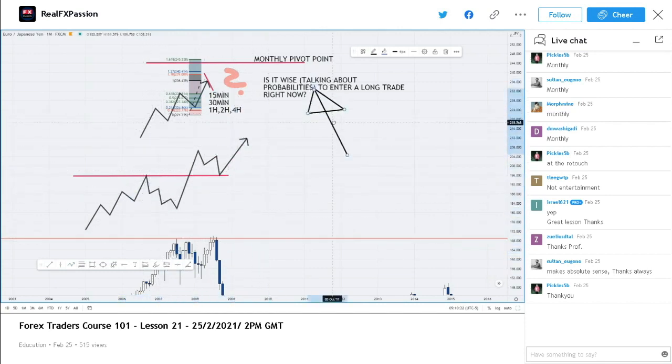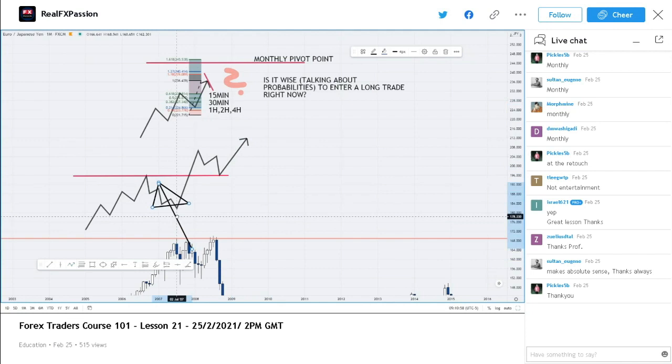Because remember, it's a monthly pivot point. Once the market hits the ceiling and reacts, most of the time, not 100%, then if we are on the 15-minute chart, we're going to have a problem. And on a 30-minute chart, we're going to have a problem too.